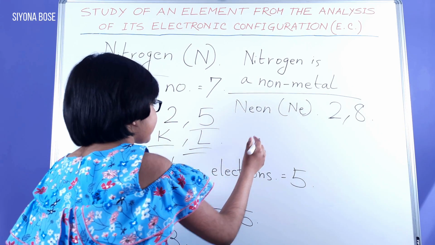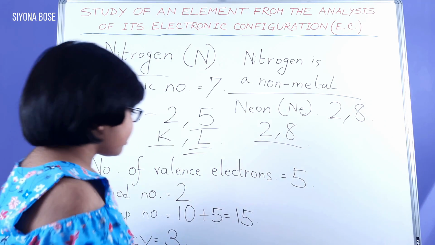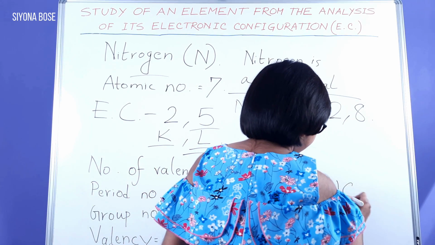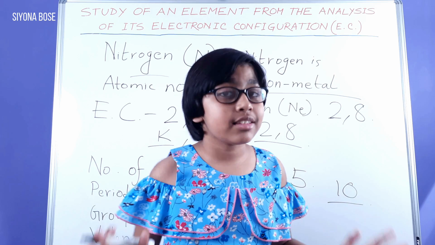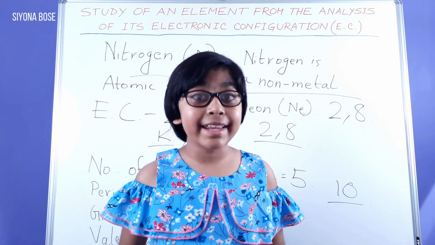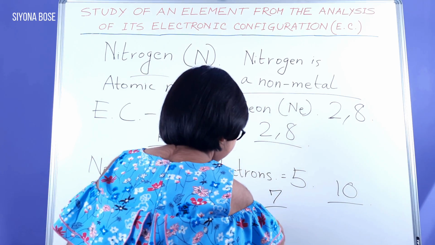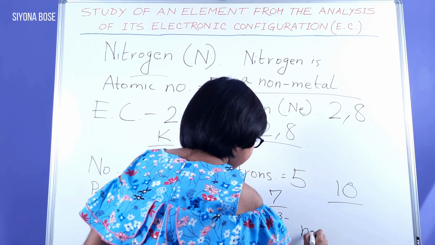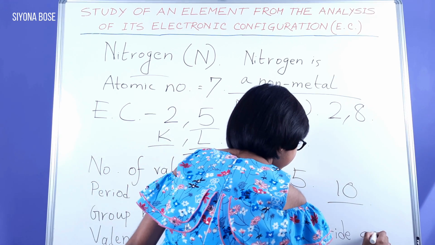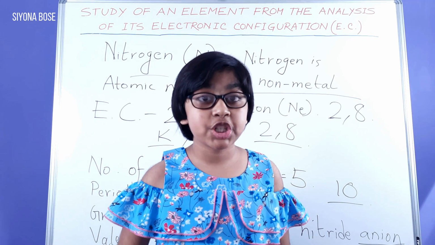On gaining, it can attain this stable electronic configuration, but there will be 7 protons in the nucleus, but 10 electrons in the 2 shells altogether, which means there are 3 more electrons than protons, creating 3 negative charges on the nitrogen atom, forming an N3 minus nitride anion, which is a negatively charged atom.